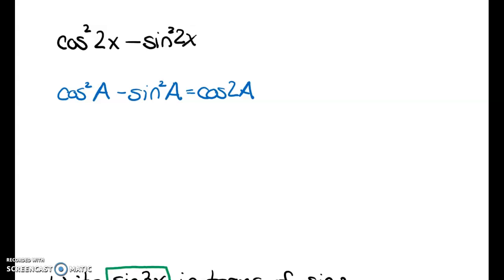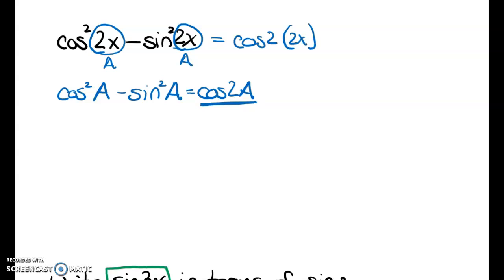Okay, so what's my A value? Well, I think that's fairly easy. This is not too difficult. My A value is going to be 2x. So I'm just going to plug my A value into this side. Cosine of 2 times 2x equals the cosine of 4x. And I believe I am done.